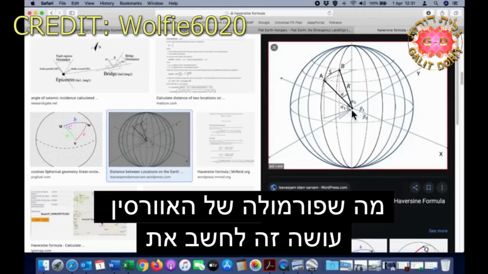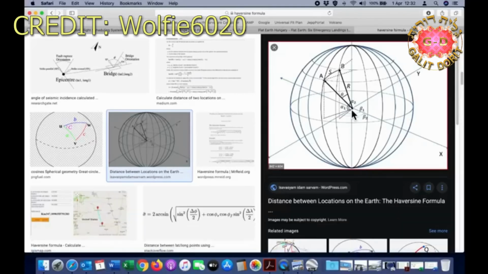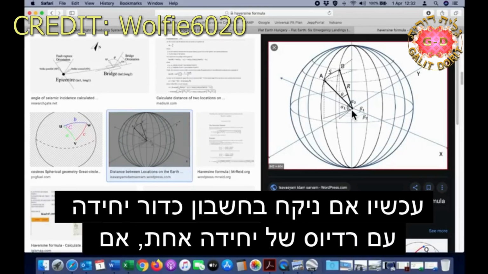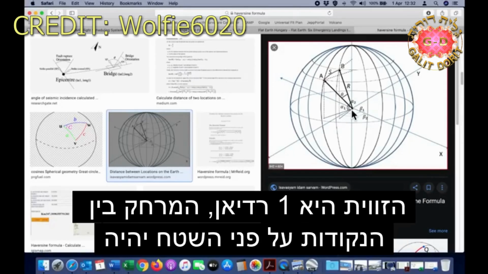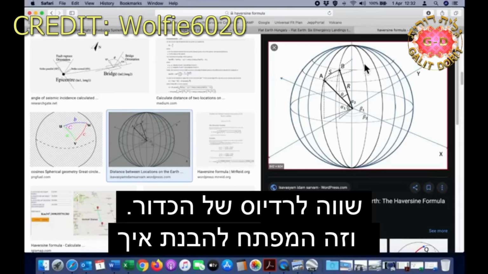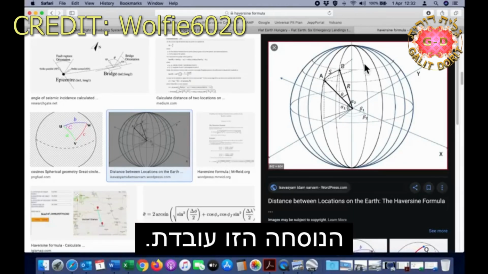What the Haversine formula does is calculate that angle in radians. Now, if we consider a unit sphere with a radius of 1 unit, if that angle is 1 radian, the distance between the points on the surface will equal the radius of the sphere. And that is key to understanding how this formula works.